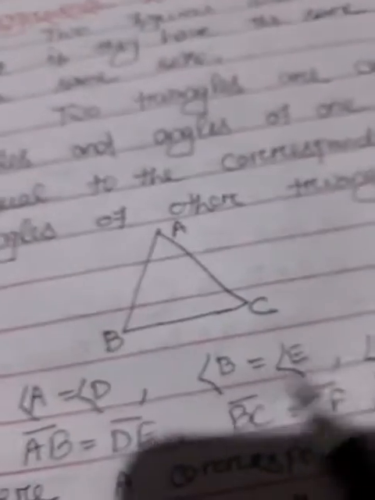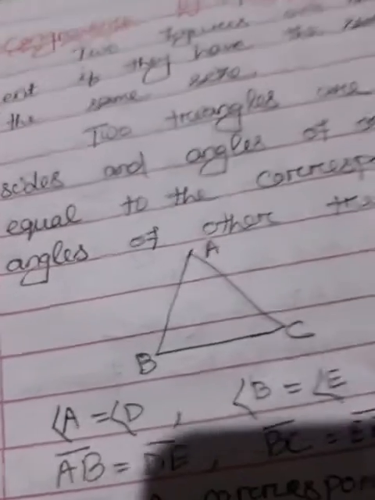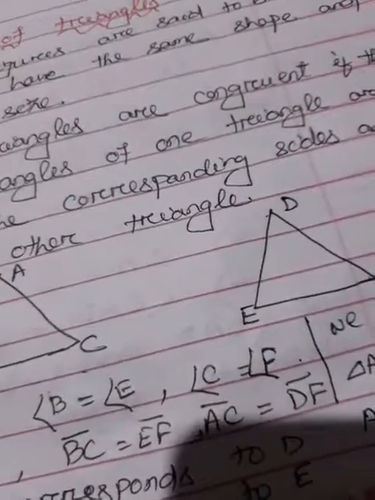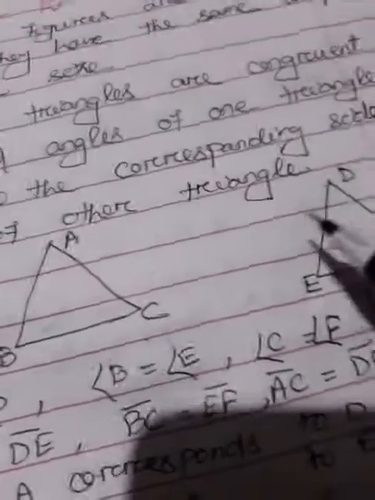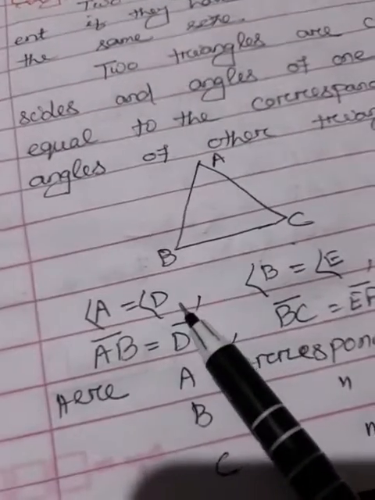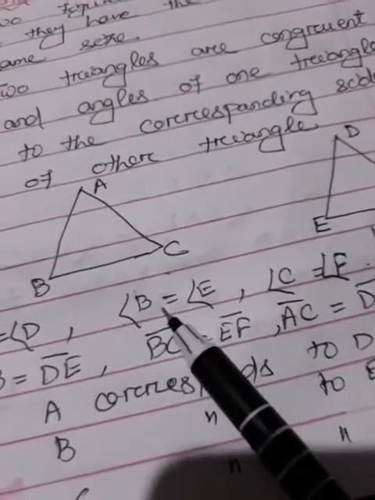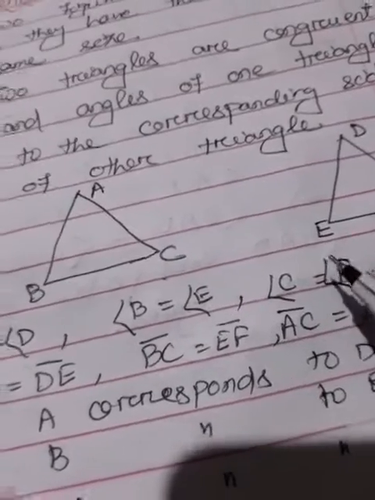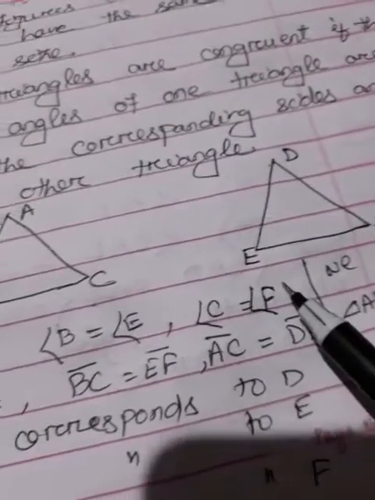Here two figures, first figure triangle ABC, second figure triangle DEF. Triangle ABC is congruent to triangle DEF if angle A is equal to angle D, angle B is equal to angle E, angle C is equal to angle F.